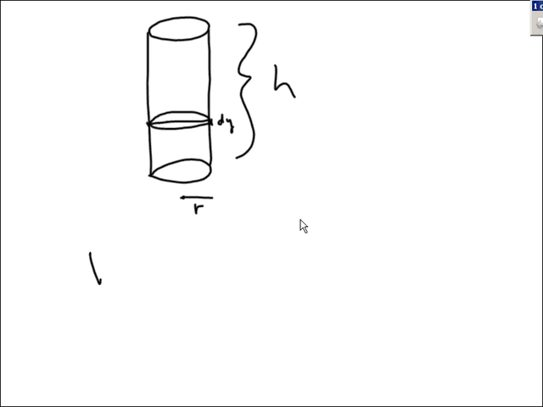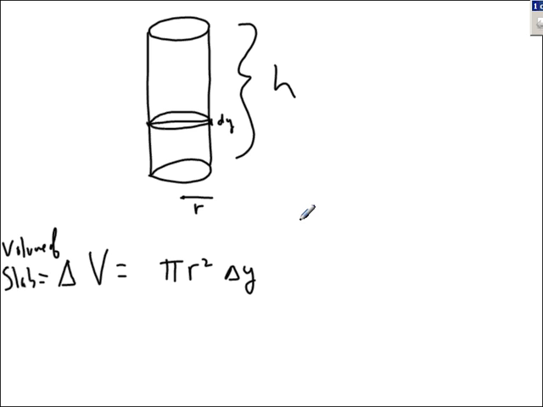So the volume will be that cross-sectional area, pi times r squared. The volume of the slab, delta V, a piece of the volume, is pi r squared times the thickness.